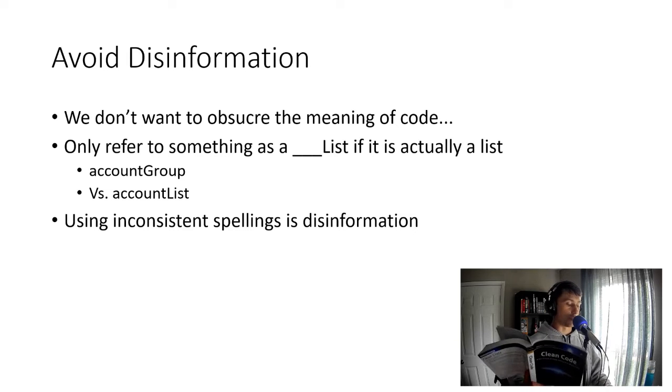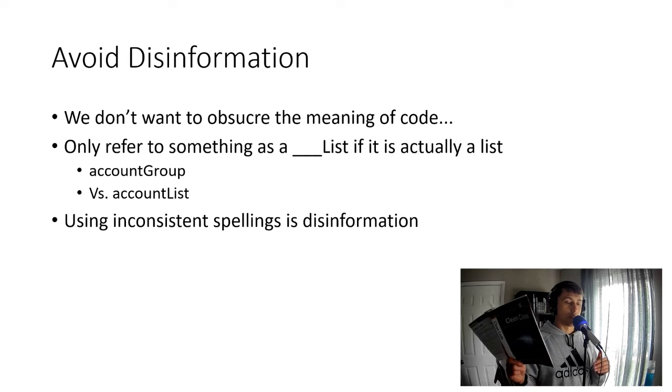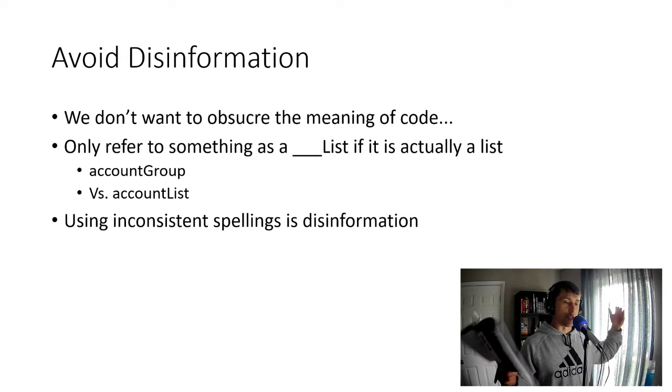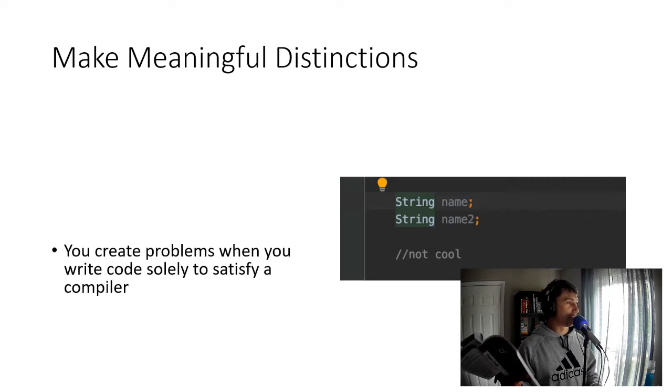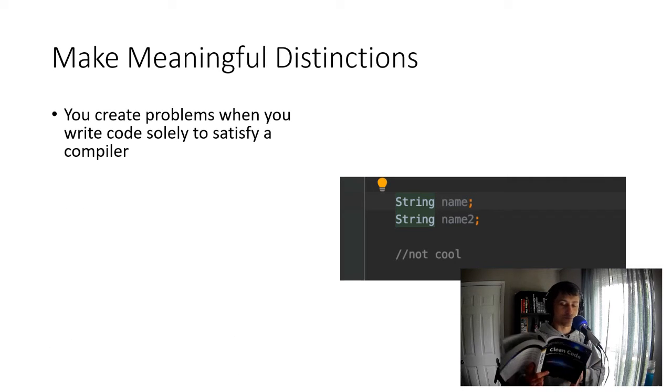Single letter variable names are really good for things in a local scope, but not for things globally, where you want to name things that are searchably friendly. Yeah, I just made up that word. Searchably friendly. So I think that's what he meant by using inconsistent spellings as disinformation.